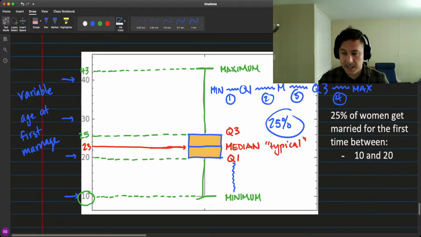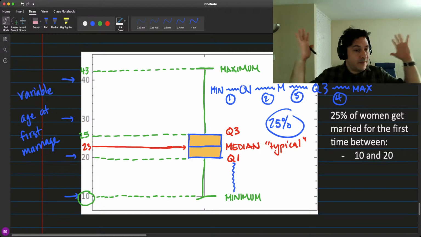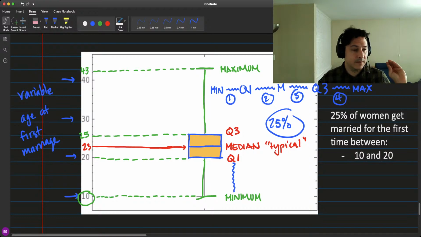How do I know this? Because between the minimum and Q1 is one of those quartiles. In other words, there's 25% of women who get married will get married between the ages of 10 and 20. That's actually sort of crazy when you think about it. 25% of women will get married between the age of 10 and 20.